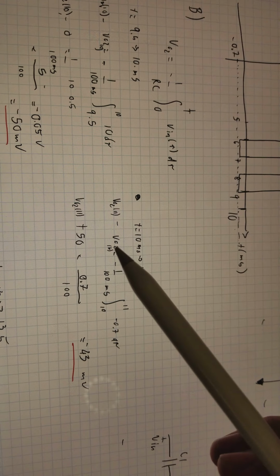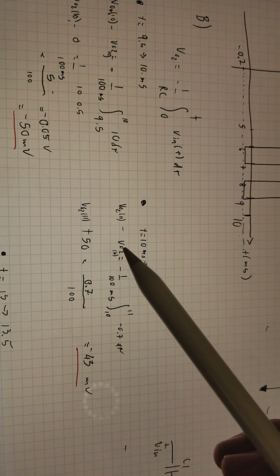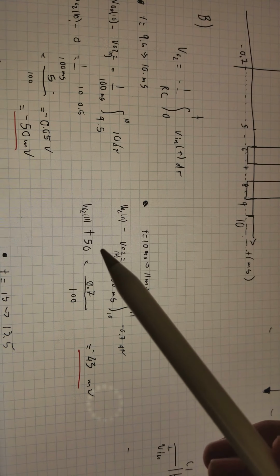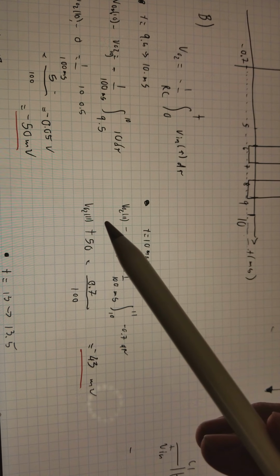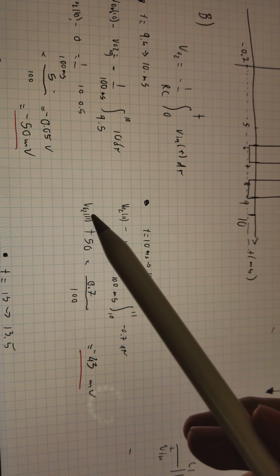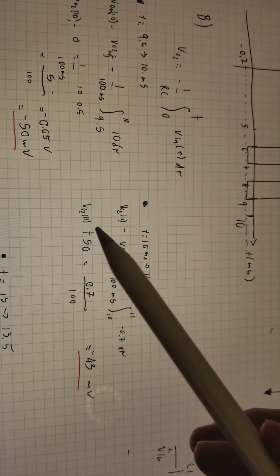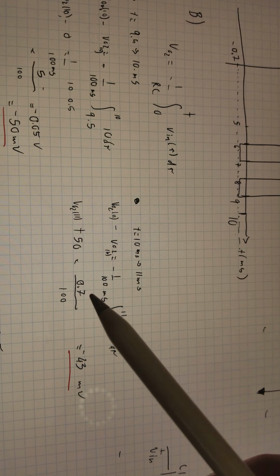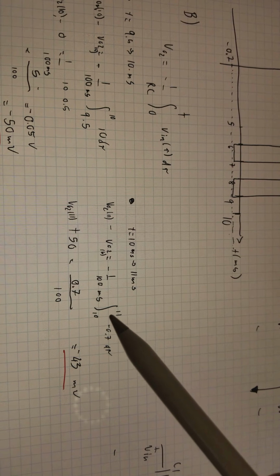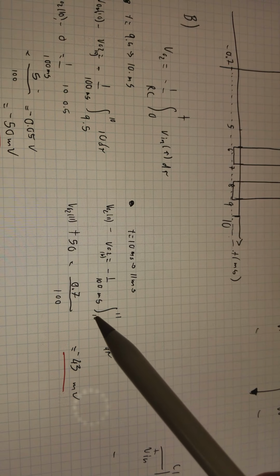We know the V output we just found is minus 50 millivolts. So V output 2 at 11 minus minus 50, which is plus 50, equals 0.7, and the difference between these is 1 millisecond.